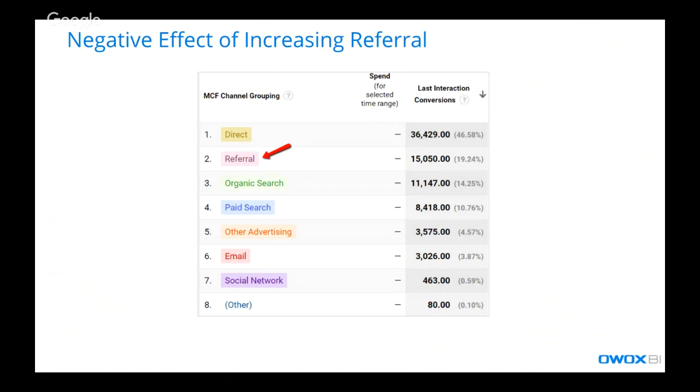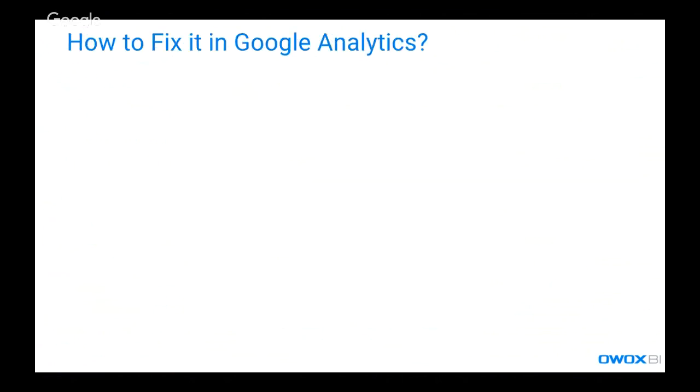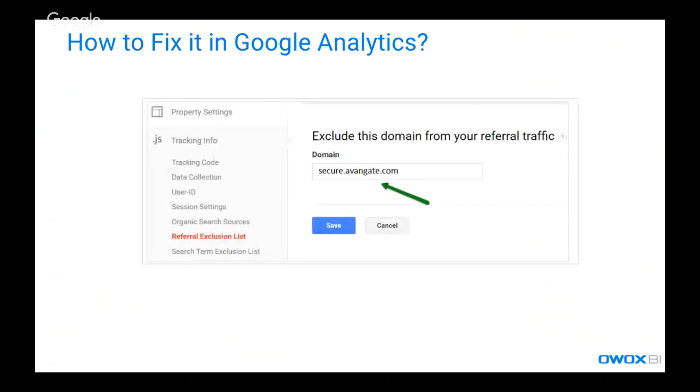The great news is that you can easily fix it, even in GA. You should add all possible domains of payment systems to your referral exclusion list in GA, as you can see in the screenshot. That way the old session won't be finished and a new one won't be created with a new source when people make their payment.